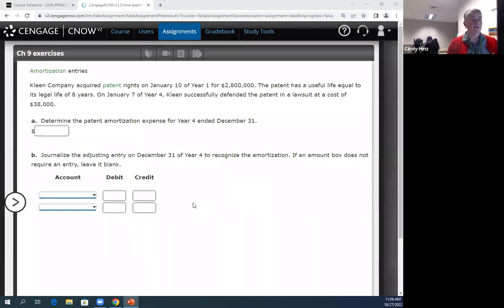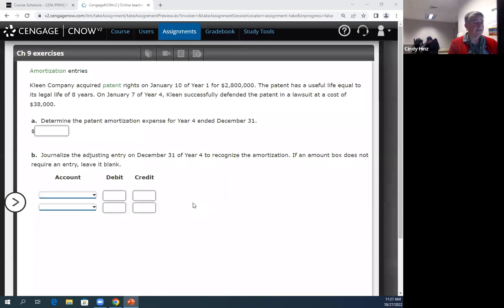So they paid $2,800,000 for that patent, and it has a legal life of 8 years, and they expect that that will be its useful life as well. So this company is going to plan to write it off over 8 years. If the useful life was less than 8 years, we would write it off over whatever that useful life was, 6 or 7 years or whatever.